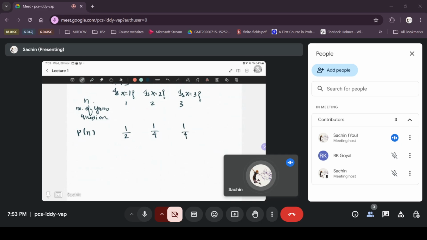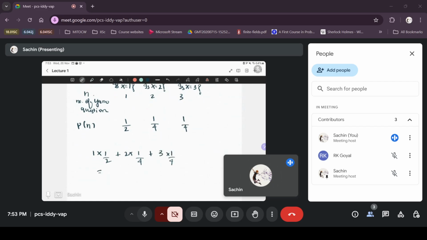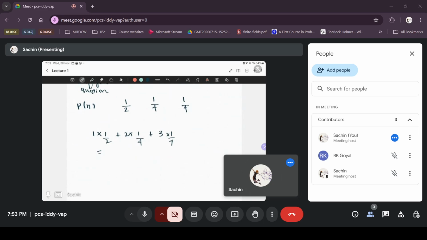So on average, the number of questions that you need to ask, let's say that's the expected value, is 1 times half plus 2 times 1 over 4 plus 3 times 1 over 4, which is 1.75 again.